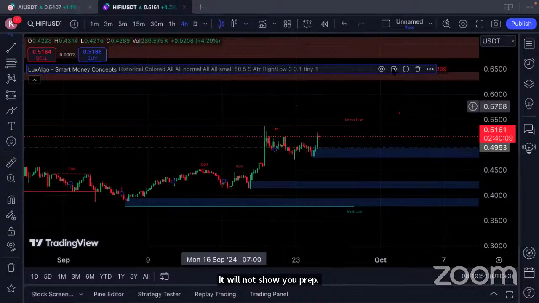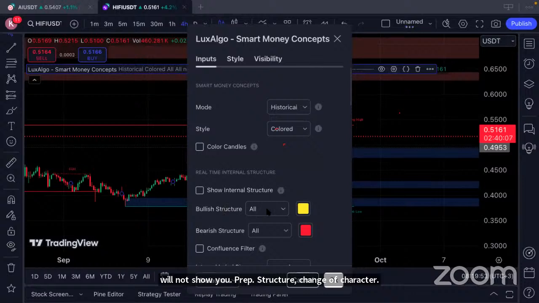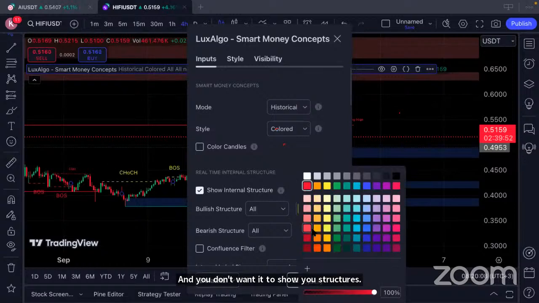Am I making sense to someone? So if you don't want your indicator to show you bullish structures, which are key, and you don't want it to show you bearish structures, you can untick. You are just changing colors.